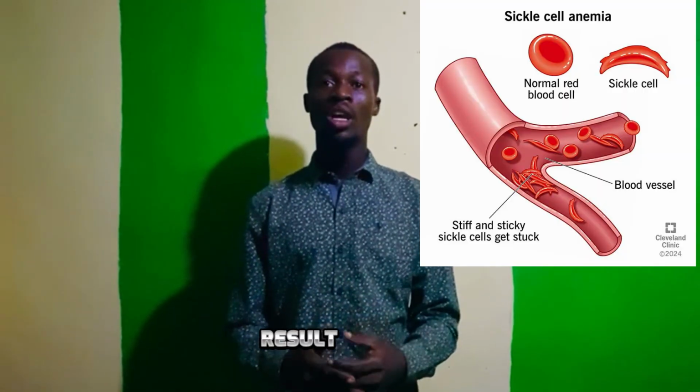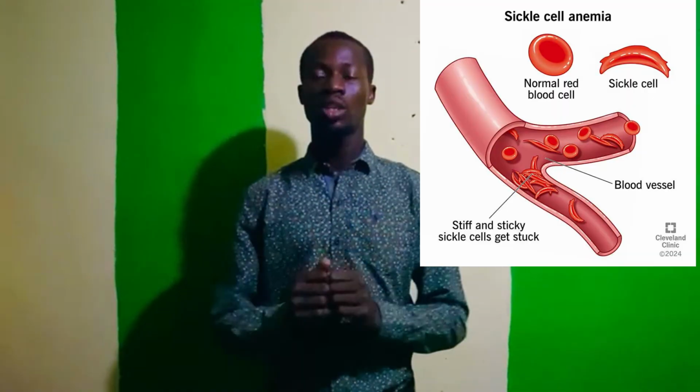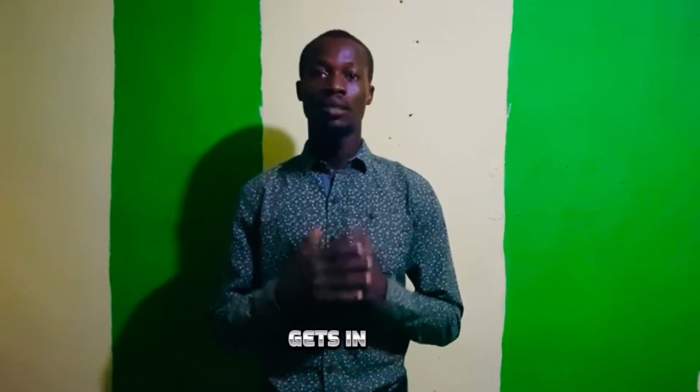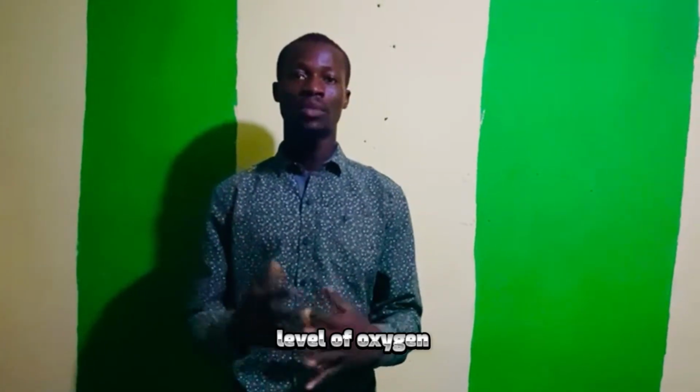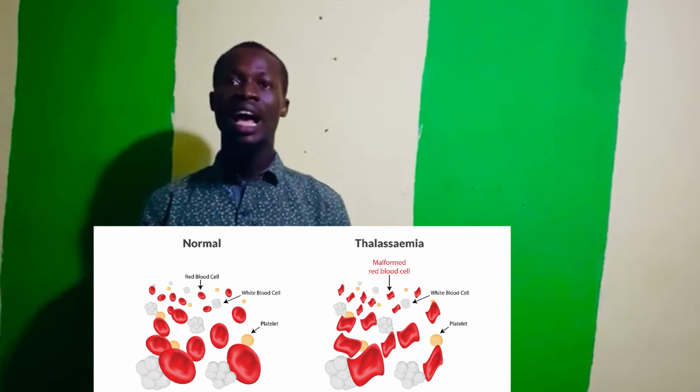As a result, the cell shape becomes a sickle form, and that results in the cell carrying an insufficient level of oxygen. So sickle cell anemia means that the cell has a sickle form and is a serious defect that affects the body.